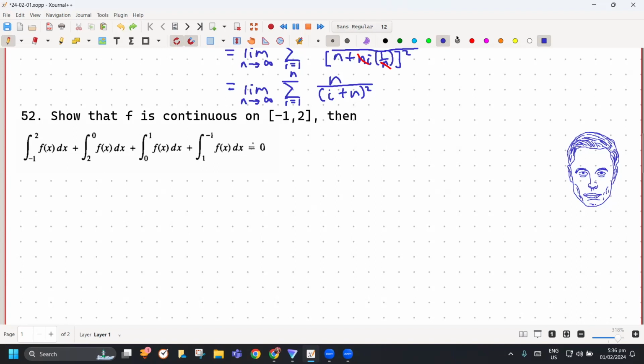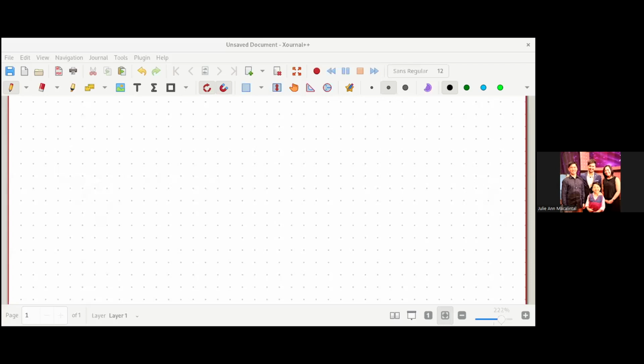Ito yung mga theorems na, pakita ko lang yun, no? Yung mga examples ng mga theorems on integrals.